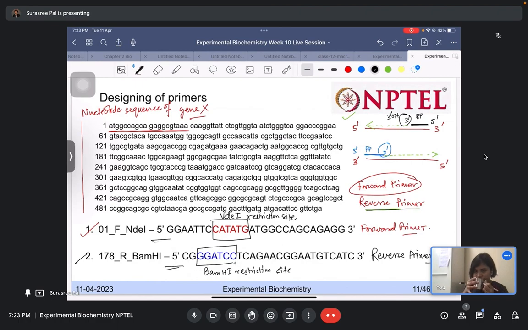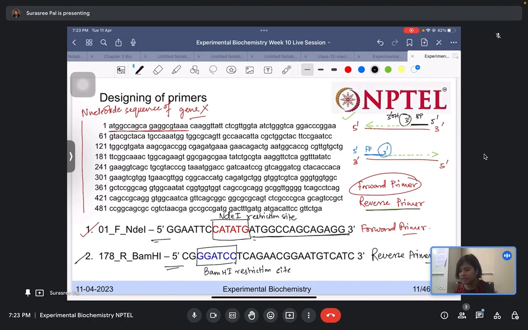Now, if we go from 5' to 3' end, you can see it from here. This part of the forward primer after the restriction site is actually the same as the first portion of the gene.